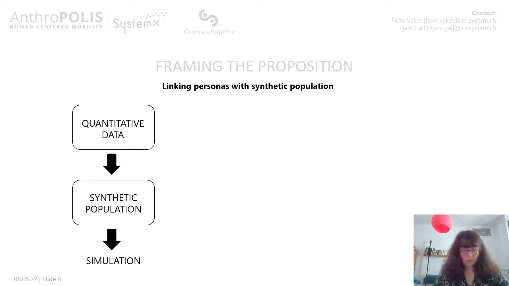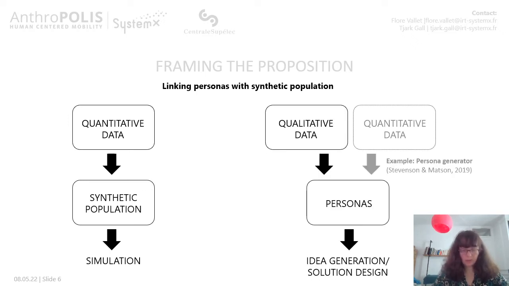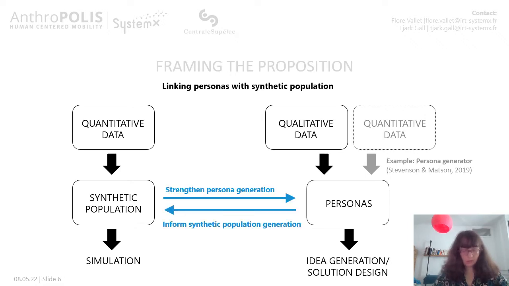The proposition of the paper is to be able to generate personas, not only qualitatively, but also in correlation with the agents of the synthetic population, and conversely, to be able to inform the population generation by qualitative data of personas.